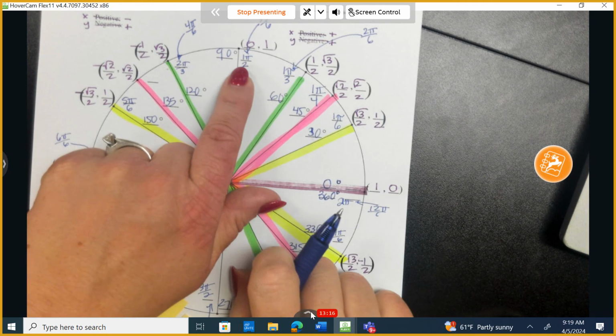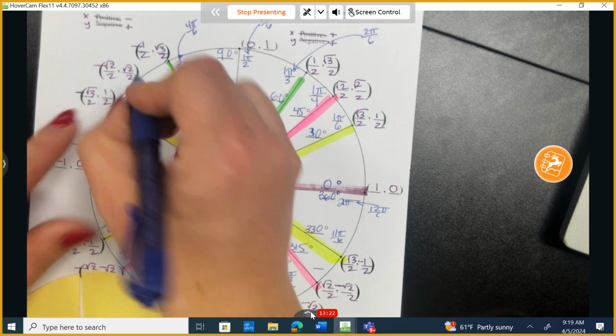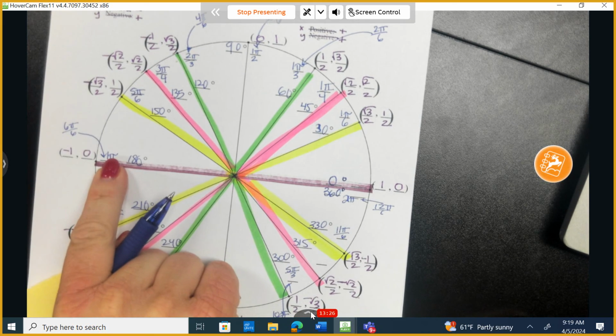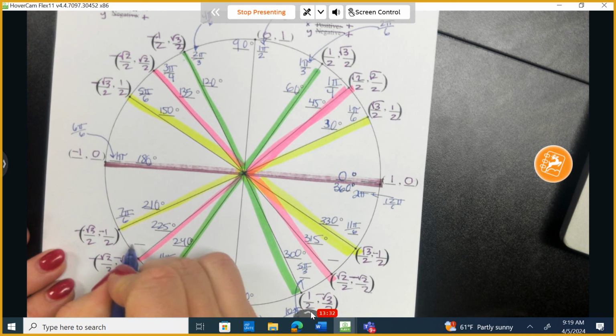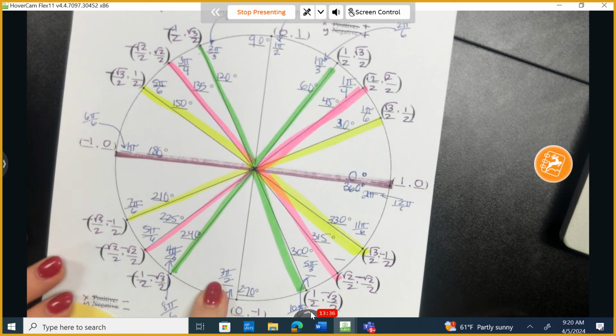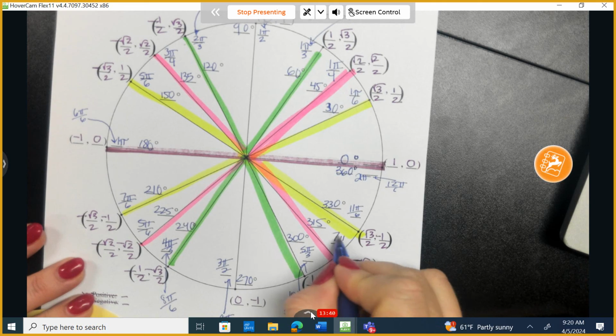Now this would be 2 pi over 4, but guess what 2 pi over 4 reduces to? 1/2. This is going to be 3 pi over 4. This would be 4 over 4. Well, 4 over 4 is the same as 1 pi. This is 5 pi over 4 down below. This is 6 pi over 4. Well, 6 pi over 4 reduces to 3/2. This is 7 pi over 4.